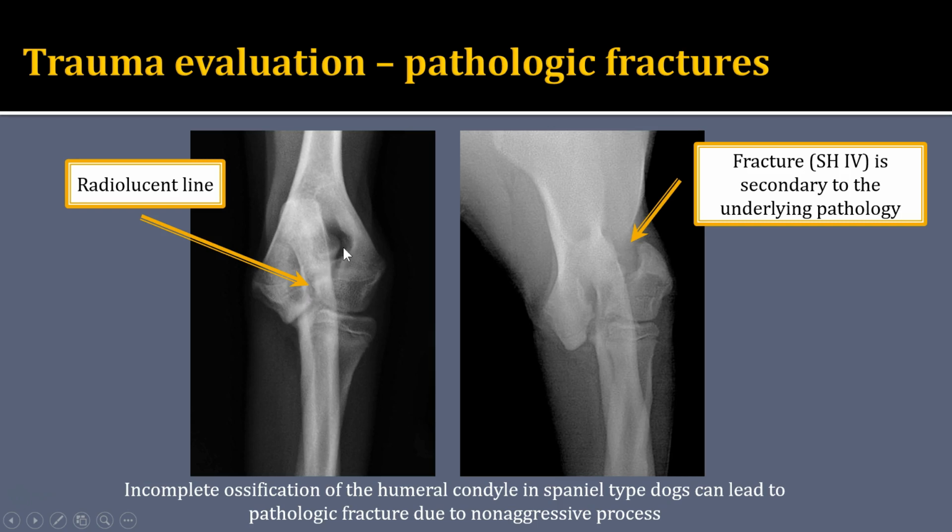And so you can actually fracture through that. And so in this patient, who is still skeletally immature, so still does have a Salter-Harris type 4, it is actually a pathologic fracture secondary to incomplete ossification. We may not know that unless we radiograph the other limb and identify the incomplete ossification, as well as knowing that it is a spaniel type dog.